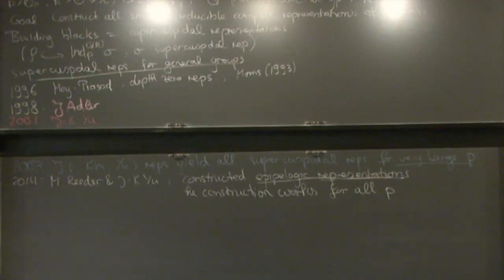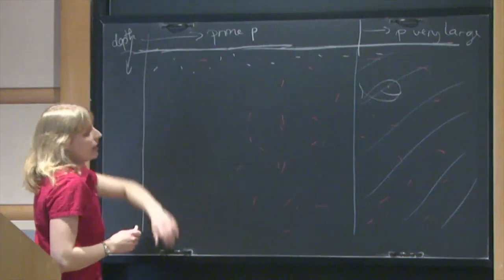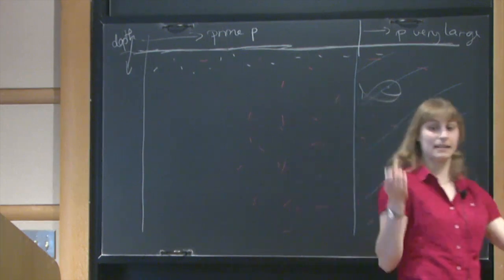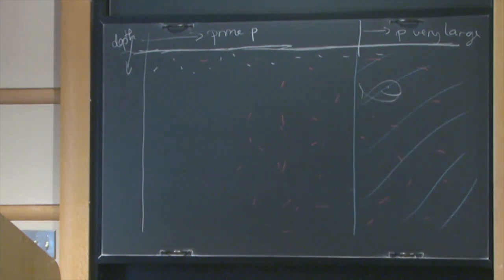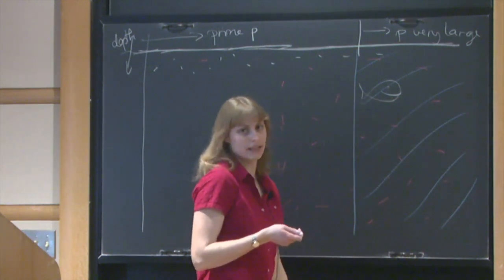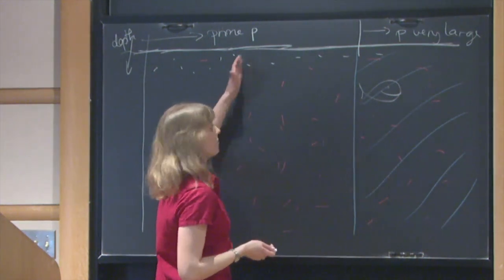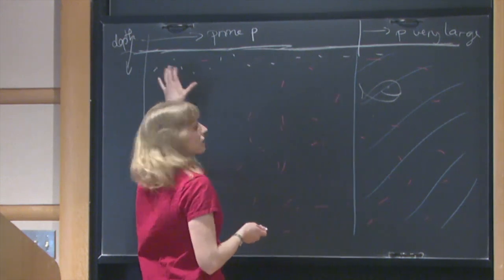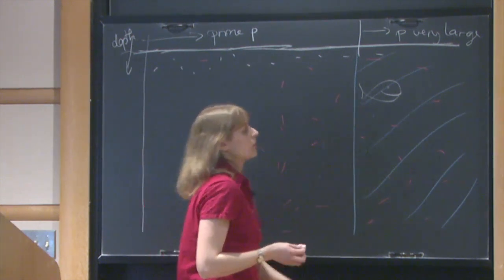And they gave a construction that produces some of them. So actually they said, okay, take some nice object, and then we give you an epipelagic representation. The question was still if these nice objects exist. They showed they exist for P sufficiently large, but it wasn't clear if they exist for small primes.